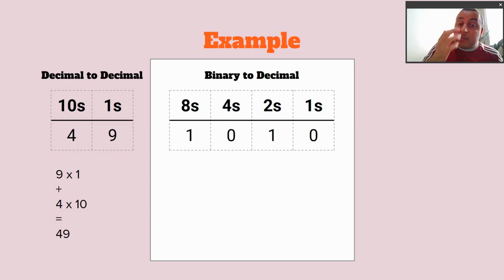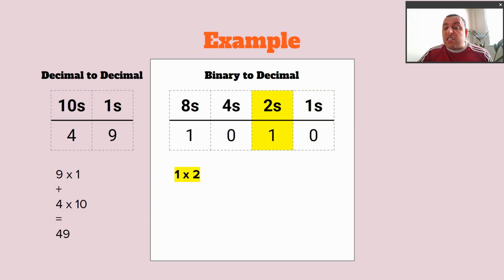Now, some of you may have already figured out how we're going to go from binary to decimal. But for those of you that haven't, this is actually how we do it. Now, I've just highlighted that one there. In the ones column there, we have the number 0. So we don't count it. But in the twos column, we have a 1. So we do count that.